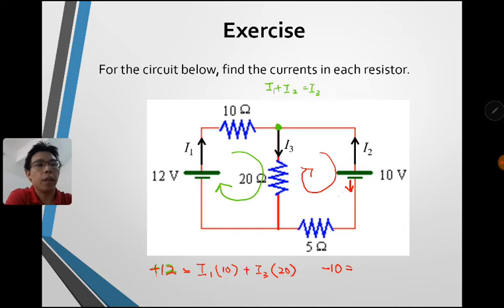Then it flows past the 5 ohm opposite to what is given in the circuit, so we have negative I2 times 5, and for I3 also our assumed direction is opposite to that, so we have I3 and 20. At the end you have a lot of negatives if you choose the direction opposed to all the currents there. But if you form the other one, it just cancels all the negatives out. So that's why it's all the same.